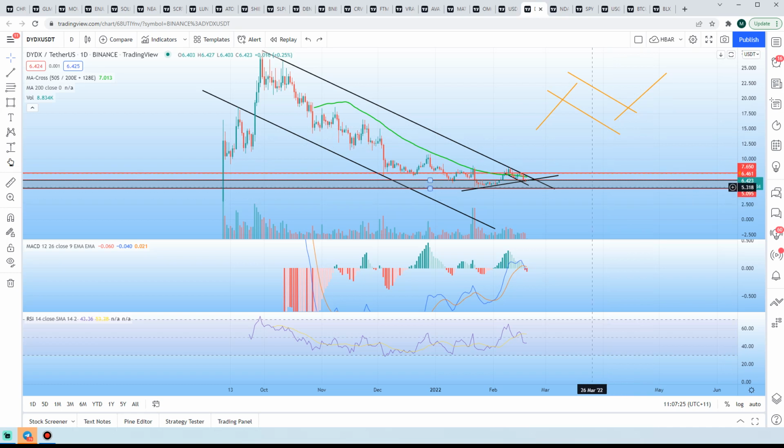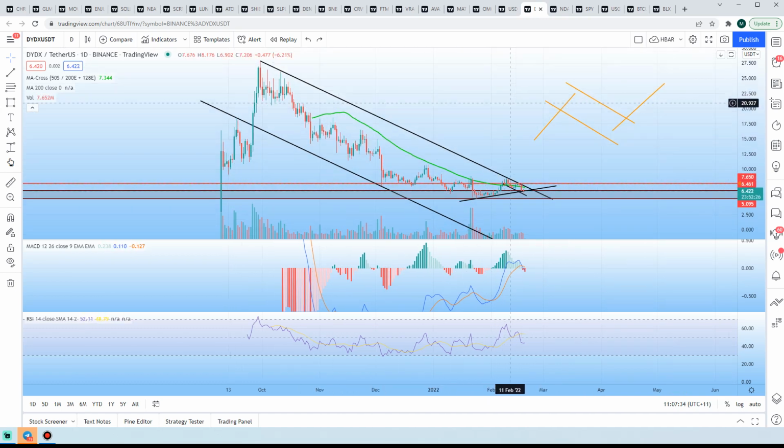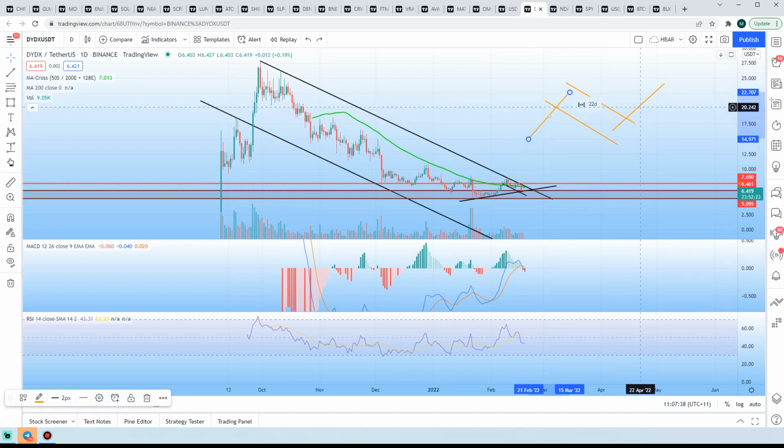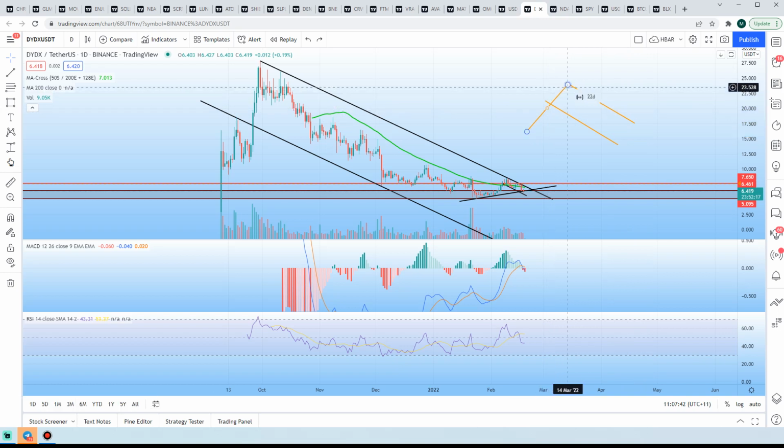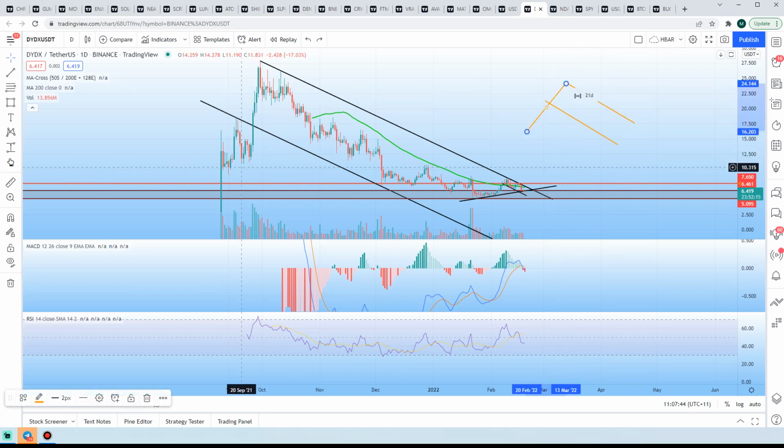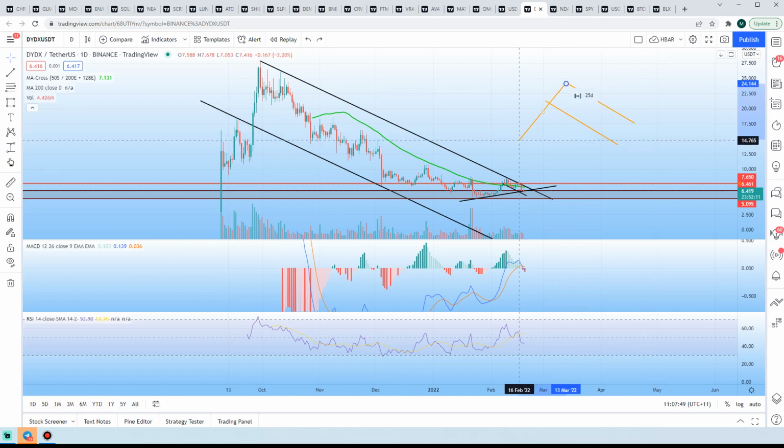A descending channel is inherently a bullish pattern, meaning you have an eventual break to the upside out of this descending diagonal line of resistance. You can measure a move by doing a measured move. A measured move is simply taking the distance between the beginning of the trend. So we can draw the beginning of the trend somewhere down over here. We're going to just look at this chart here and assume the beginning of the trend is here.